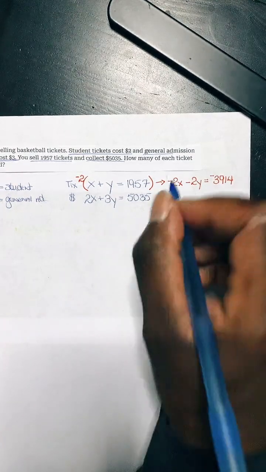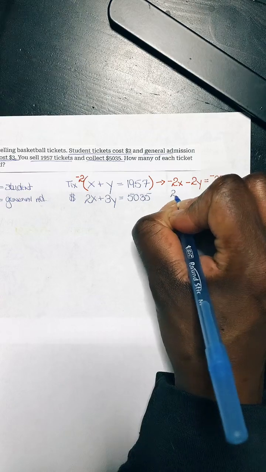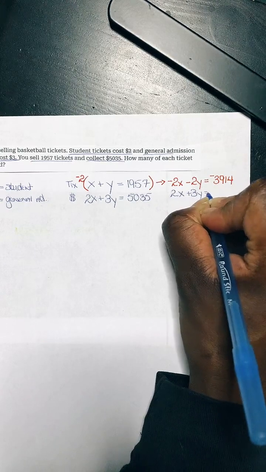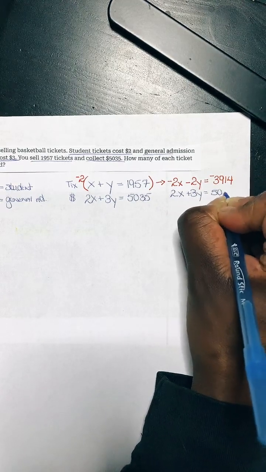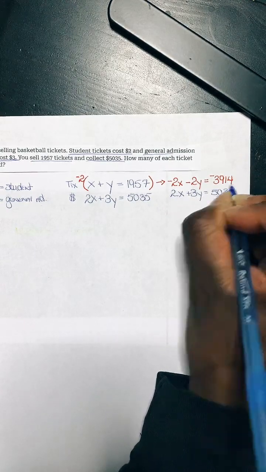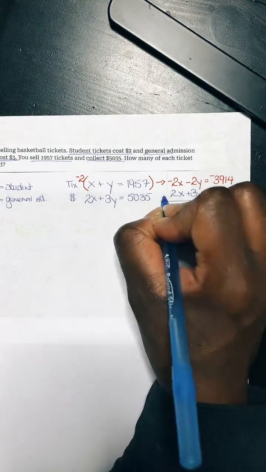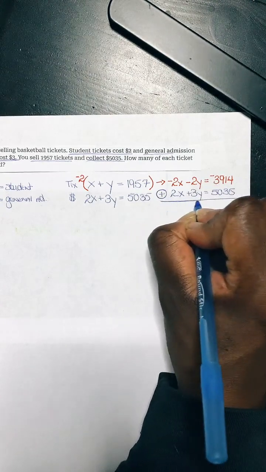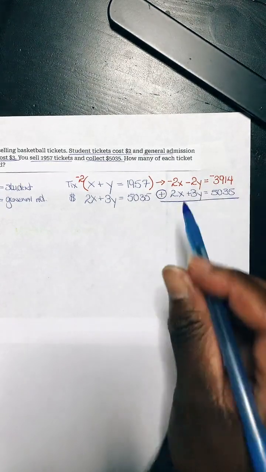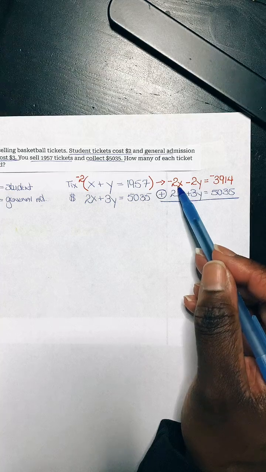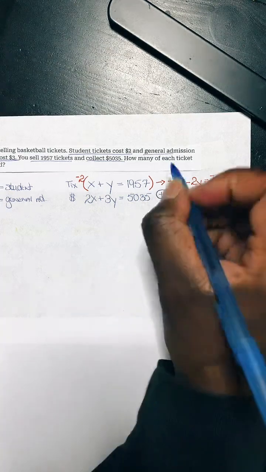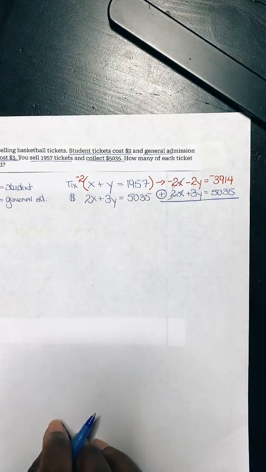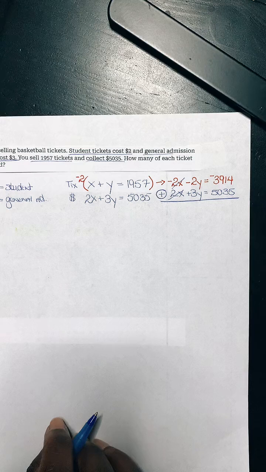This bottom equation, I'm just going to rewrite it underneath, because I'm going to add these two equations together. So what happens? I have a negative 2x plus a positive 2x. They cancel out. Do you see why I made it negative?